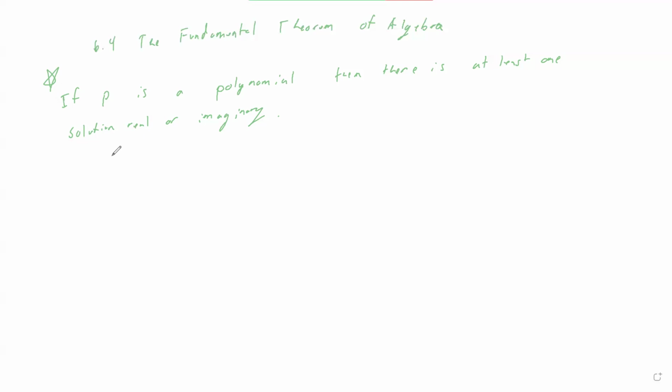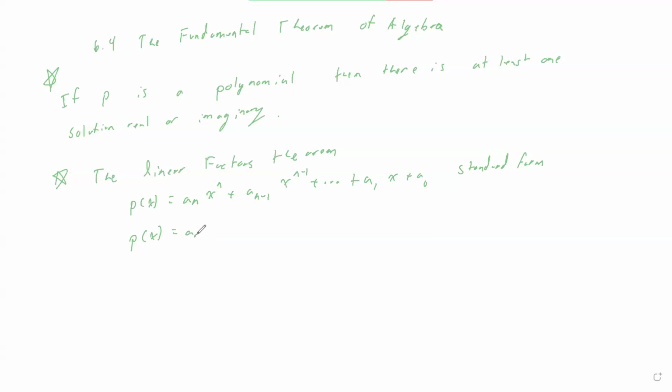Now, off that, they come up with the linear factors theorem, which basically just states if a polynomial is written in standard form, then it can also be written in factor form.